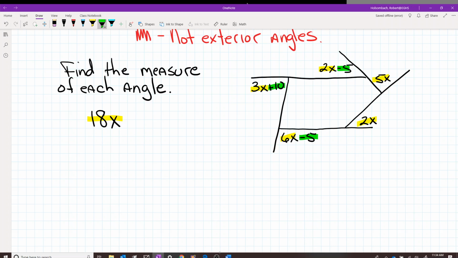The two negative 5s give you negative 10, and combined with a positive 10, you get 0. So your 18x is equal to 360. Divide both sides by 18, and x equals 20.